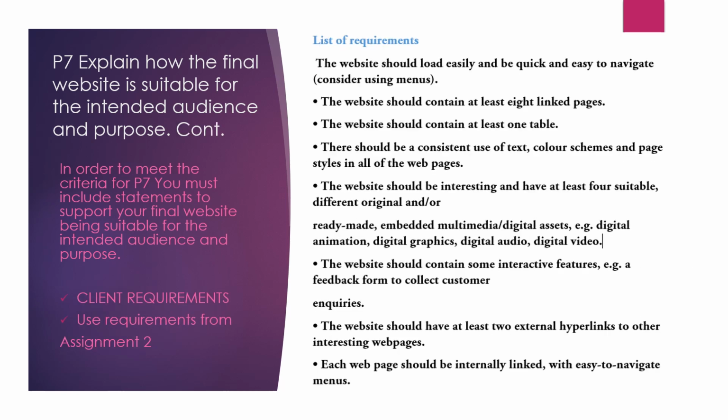For this section of the assignment, you need to go back to assignment 2, because in assignment 2 we did define the purpose of the website. We defined the audience, the target audiences of the website, and also the client requirements.